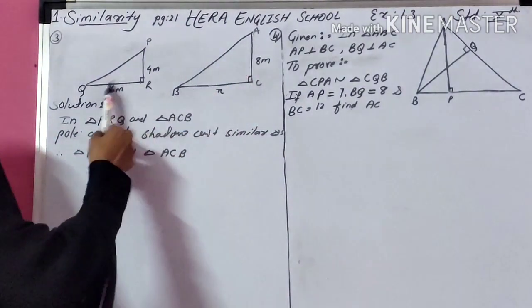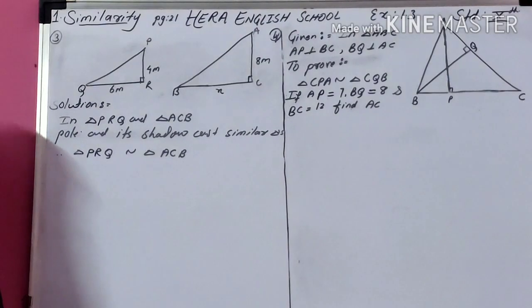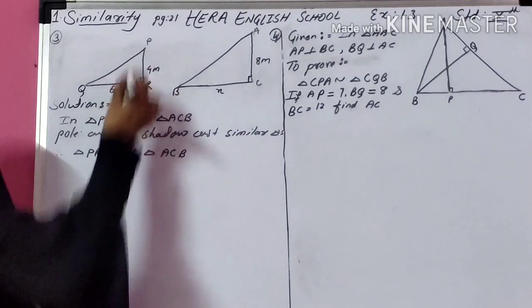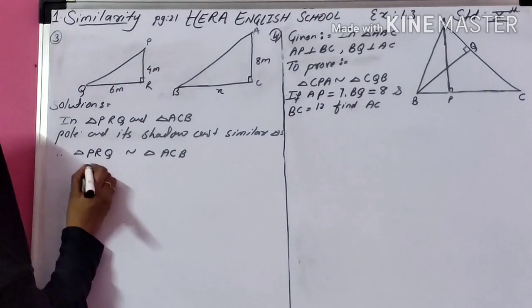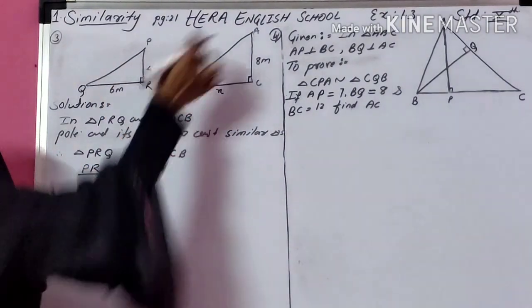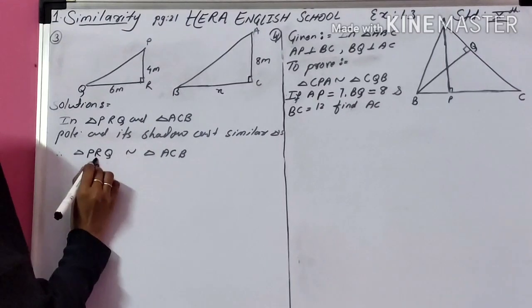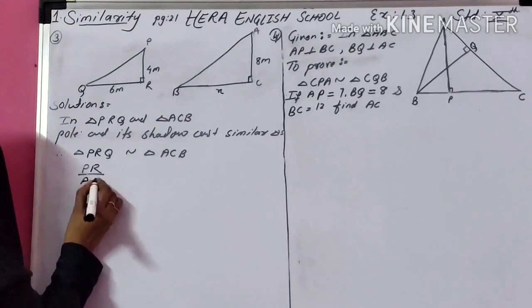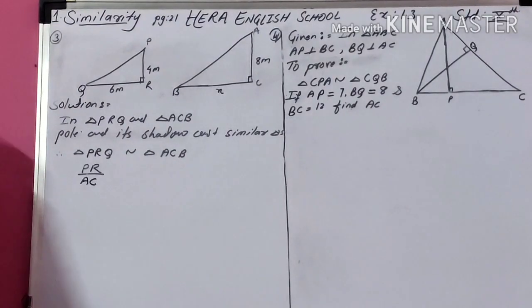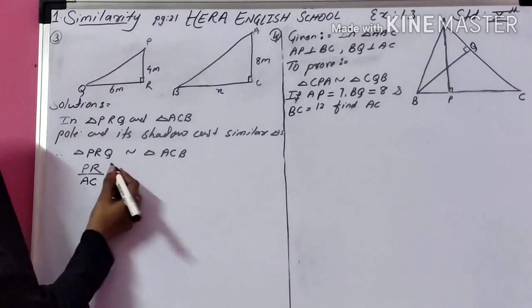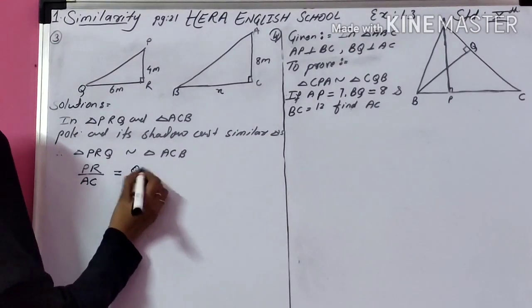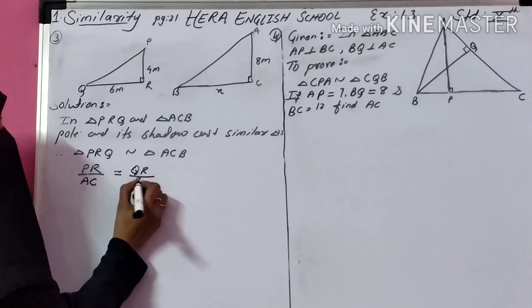Now focus, the question is about the corresponding sides. If the triangles are similar, then the corresponding sides are in proportion. Out of the three corresponding sides, you can take whichever two you require. The first corresponding sides are PR upon AC, and the second is QR upon BC.